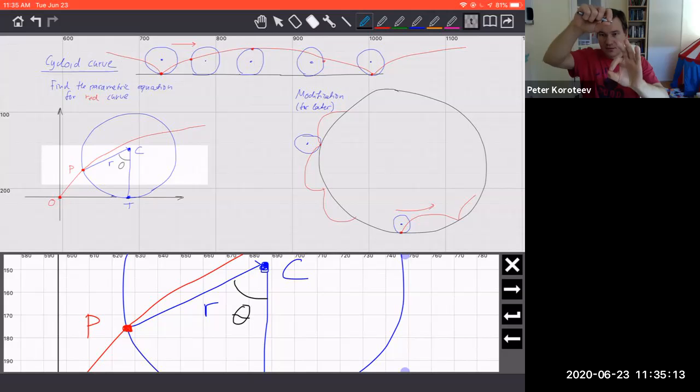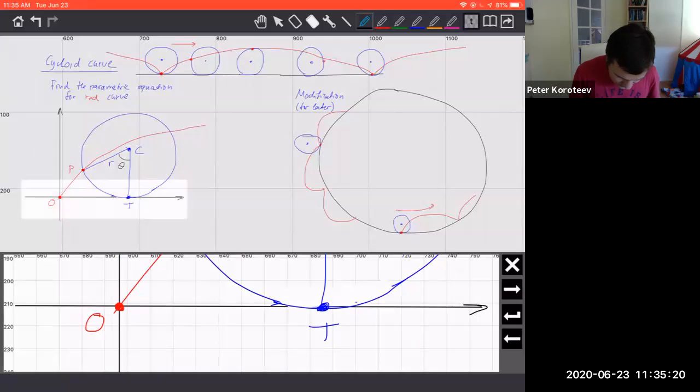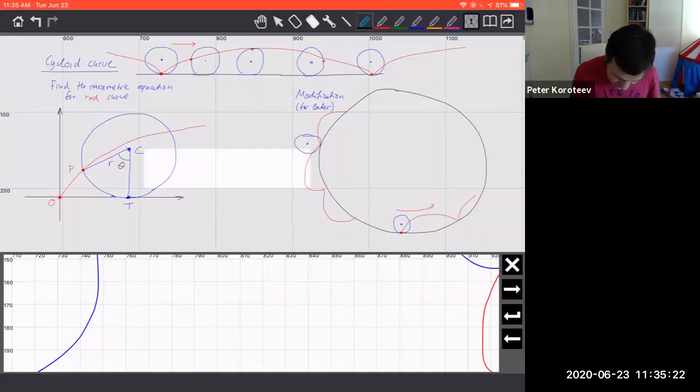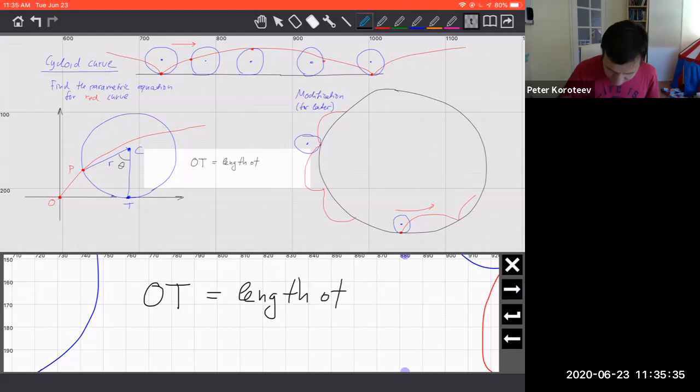So the wheel actually travels without sliding, and because of that, the length of the segment OT is equal to the length of the arc PT.